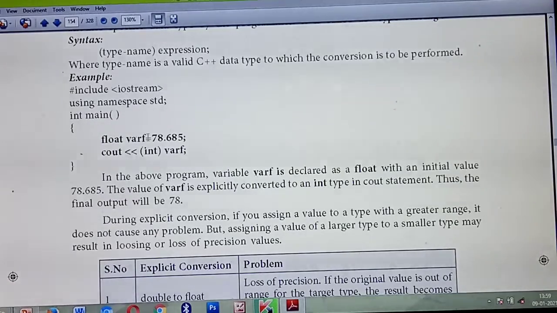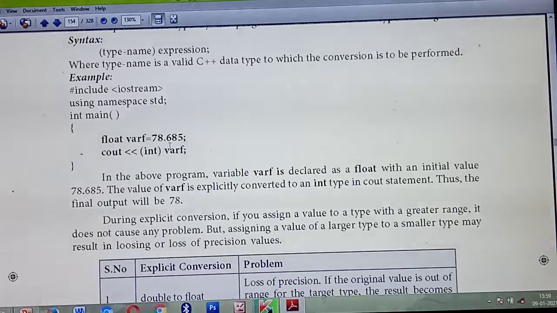So the programmer is giving conversions using this variable f. Listen carefully: input you are giving 78.685 but output you are getting only 78. So you have the chance to lose precision, that is, after the decimal point you lose some values.